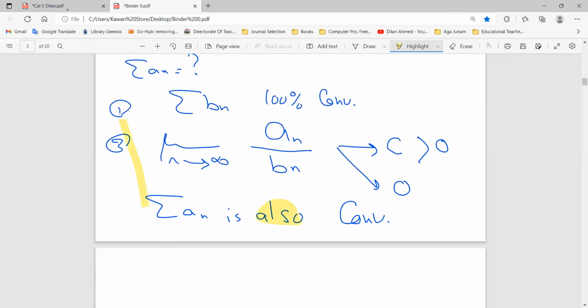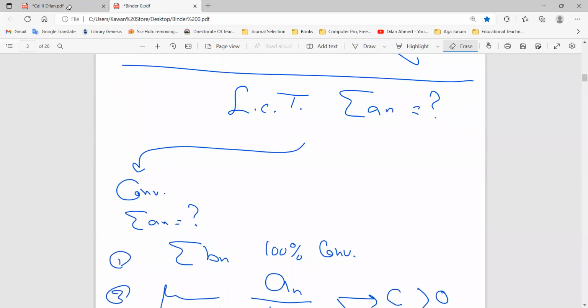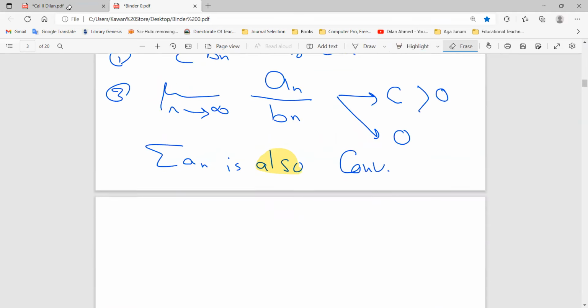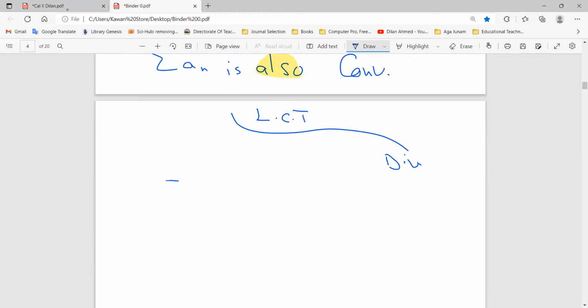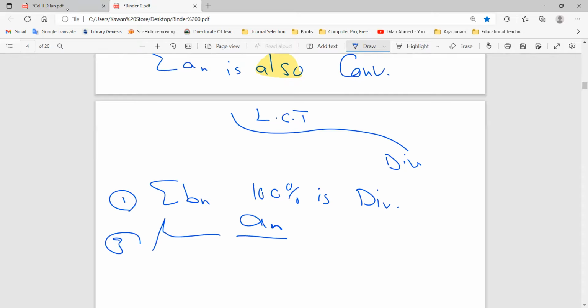And, sorry, the other part is for divergence. For divergence, LCT: you bring in your pocket Bn and you are 100% sure it is diverge. Then you compare again An over Bn.